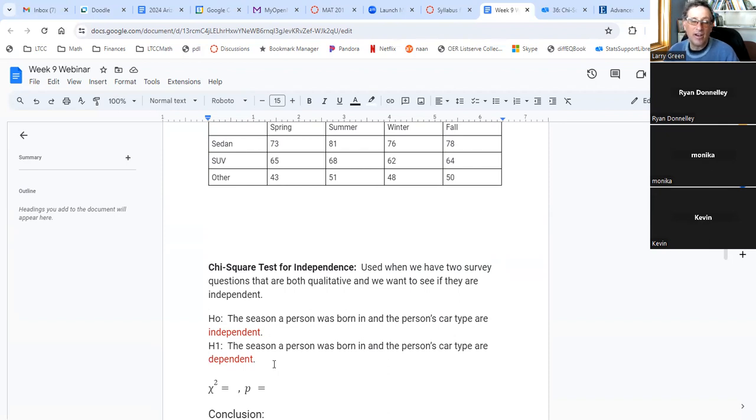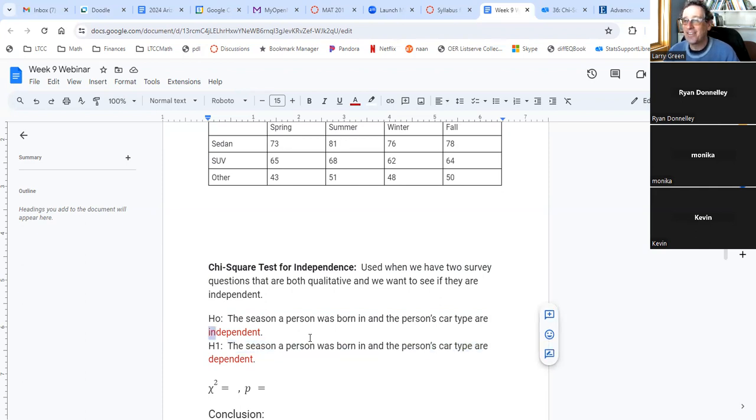Okay, so it's always the answer to the first question and the answer to the second question are independent for H naught and are dependent for H1. Is that clear? Okay, and notice for typing, by the way, you can just copy that and paste it right here because nothing changes except that you could copy it all and just erase the IN.